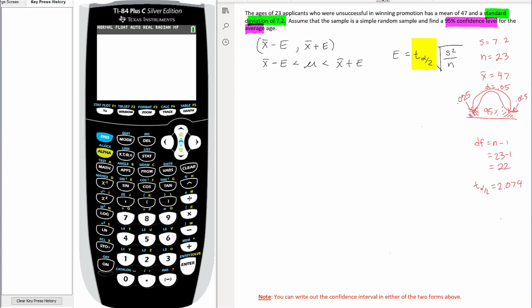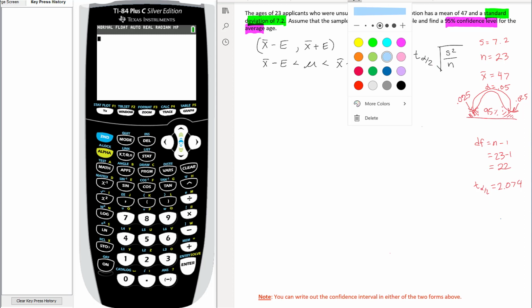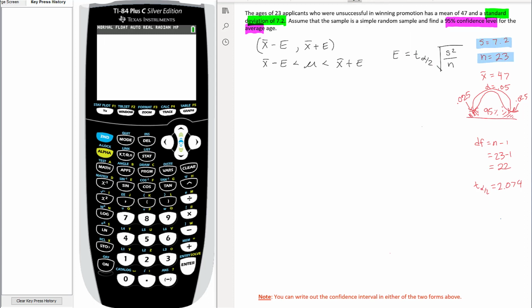Now that we have all of the values that we need, the S, the sample size, the mean, and also the t sub alpha over 2, we can take these numbers and plug them into our formulas.